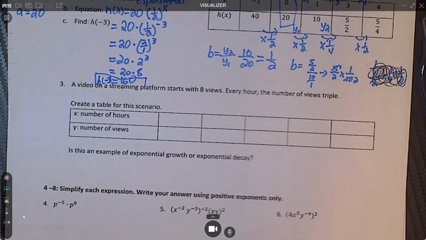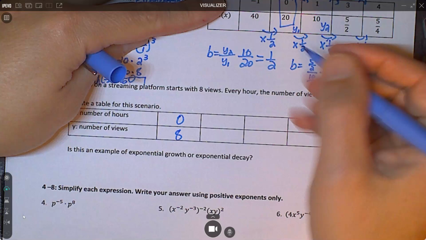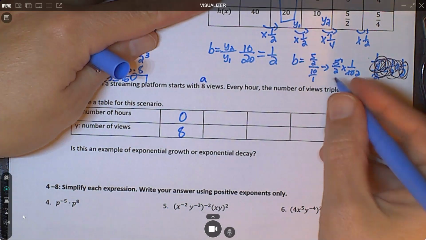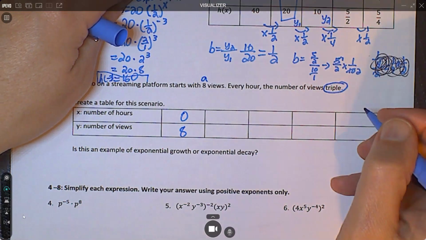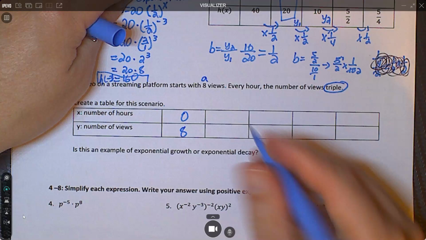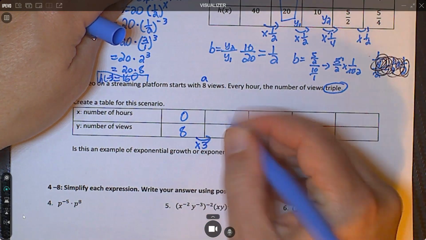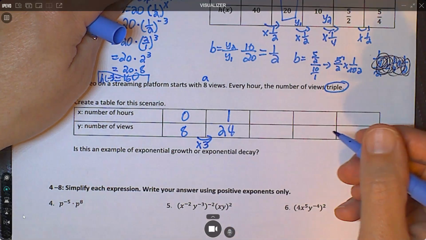A video on the streaming platform starts with 8 views. So it's A. Every hour the views triple. So we triple it this time. For each hour that goes up, we triple it.